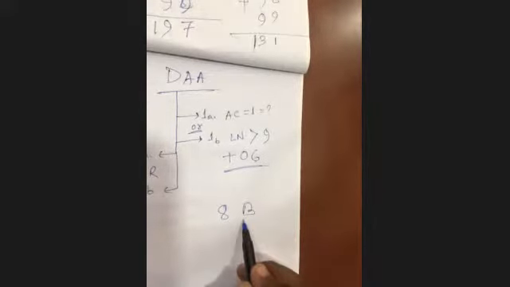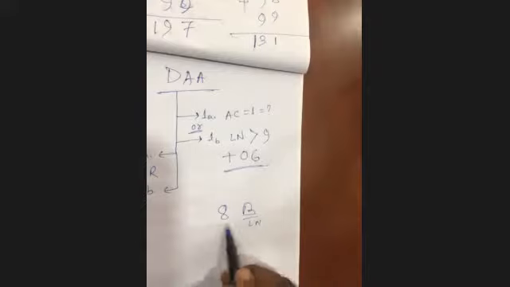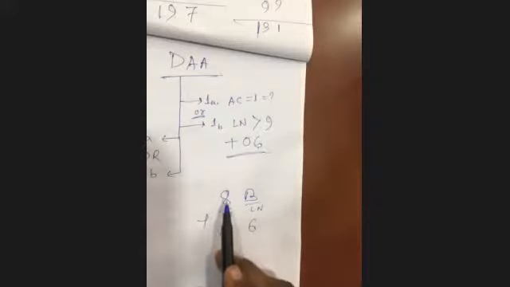This is the lower nibble. This is the higher nibble. Sir, lower nibble greater than 9? Yes, so add 06 with the result. Higher nibble greater than 9? No, sir, it is smaller than 9.